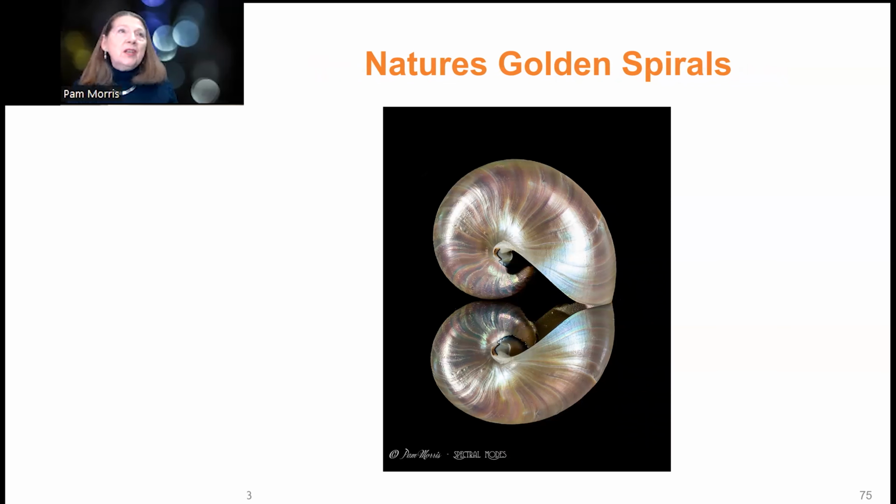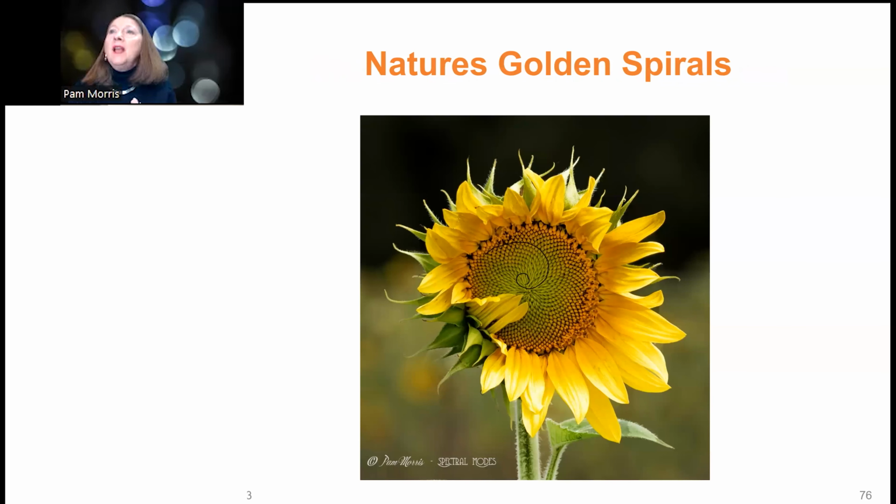So we see them in shells, in the spirals that we see within mollusks, and we see them within the seed layouts of sunflowers and pine cones. So you can see the golden spiral there. And if you count the seed pods, they're all the Fibonacci numbers.